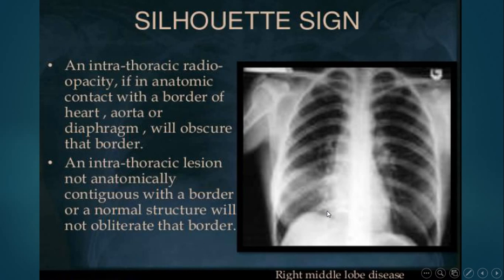So using the silhouette sign, we were able to say whether this consolidation is in the middle lobe or in the lower lobe. If the right heart border is silhouetted, this is in the middle lobe. If the diaphragm is silhouetted, this is in the lower lobe. Okay?